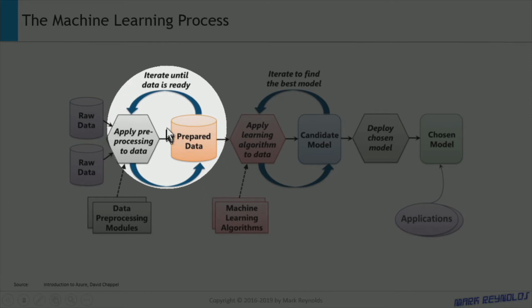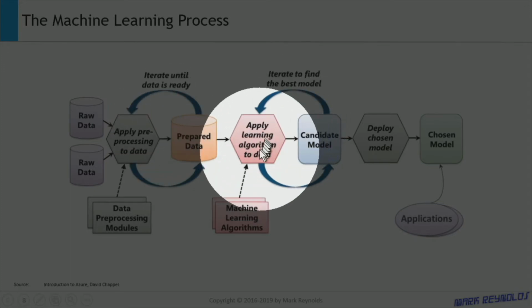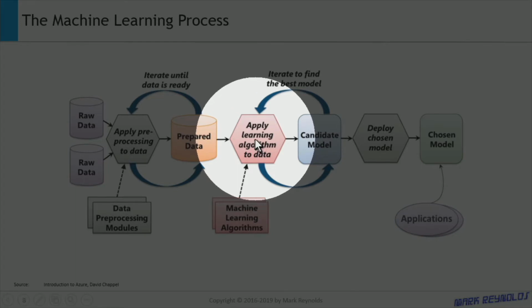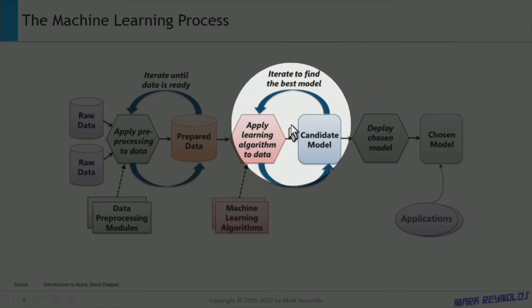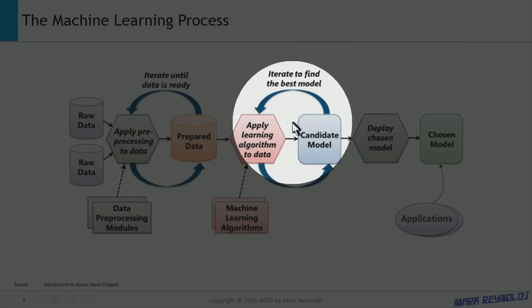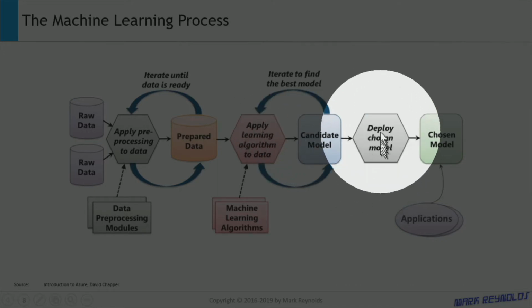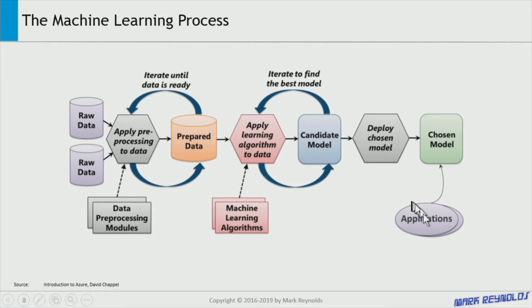Now, until you've iterated here, this is where you can get overly supervised. Then you start applying algorithms, and there are a lot of algorithms, and the first one you apply will not necessarily be it. You find a candidate model, you iterate until it's what you want it to be. You come up with that chosen model. Now you're ready for your application.